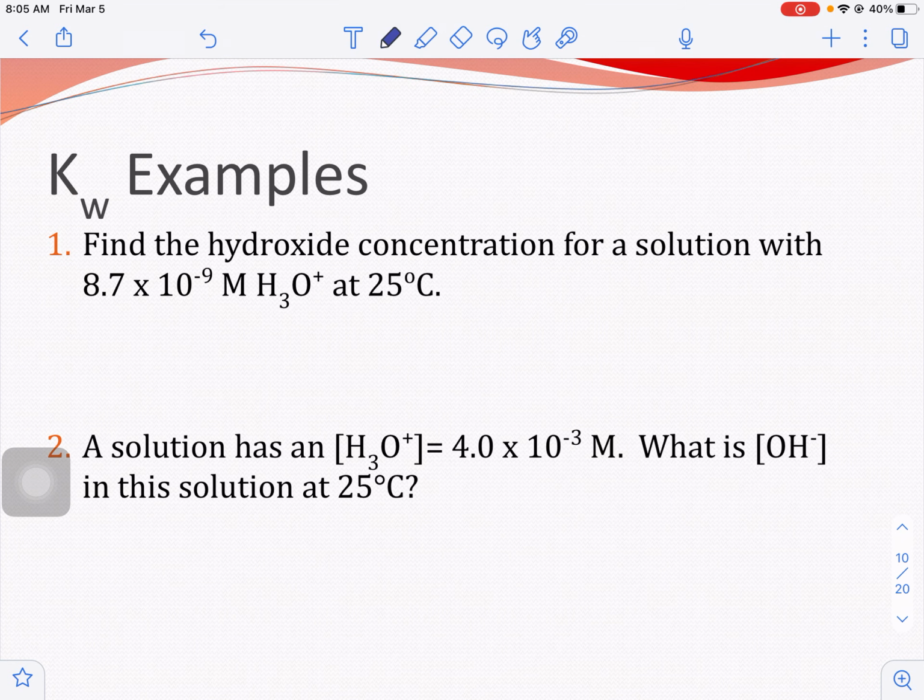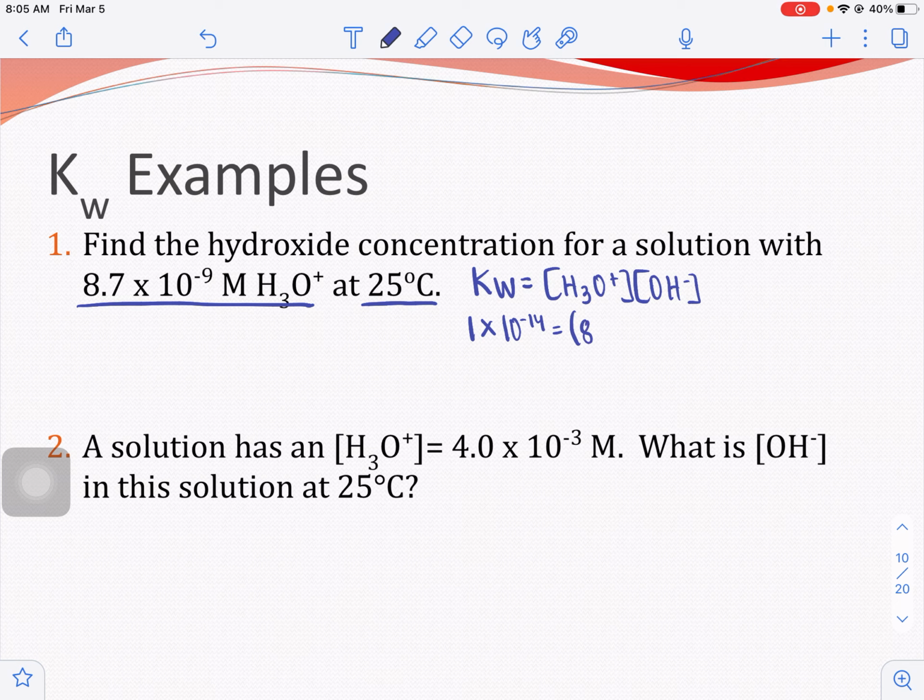So find the hydroxide concentration for a solution with this concentration of hydronium, and again, it's at 25. So the Kw that we know is going to work. So Kw is hydronium times hydroxide. It's 1 times 10 to the negative 14th, and that for sig figs would be like an infinite. Hydronium is 8.7 times 10 to the negative 9th.